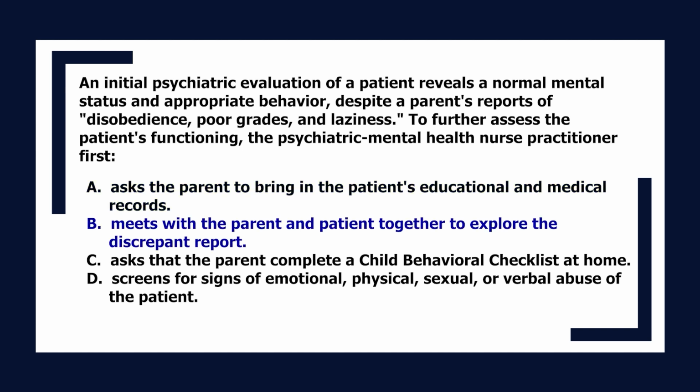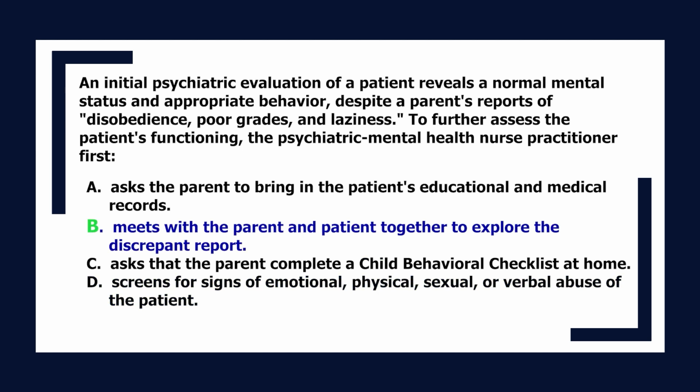B. Meets with the parent and patient together to explore the discrepant report. C. Asks that the parent complete a child behavioral checklist at home. D. Screens for signs of emotional, physical, sexual, or verbal abuse of the patient. The answer is B. Meets with the parent and patient together to explore the discrepant report.